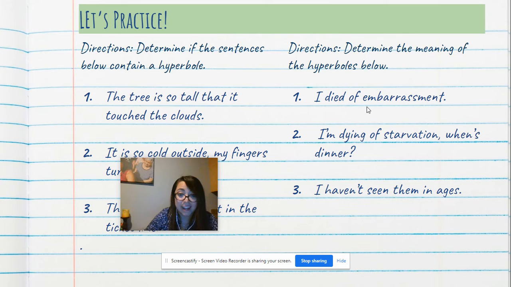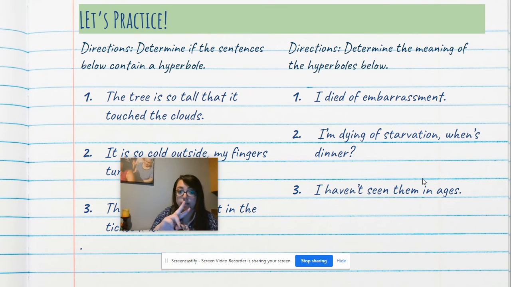Did they literally die? No. So what they're saying is they were extremely embarrassed, or they felt like the situation was so embarrassing that they wished that they weren't there, like in the room where it happened or in the situation where it happened, but they didn't literally die.